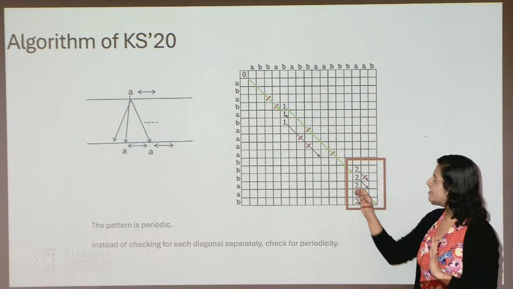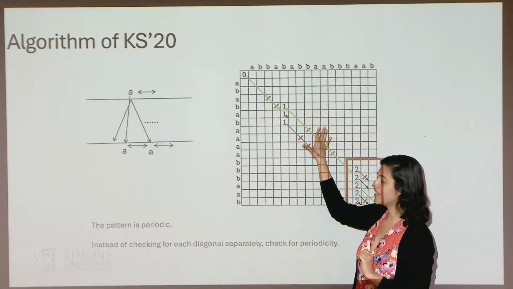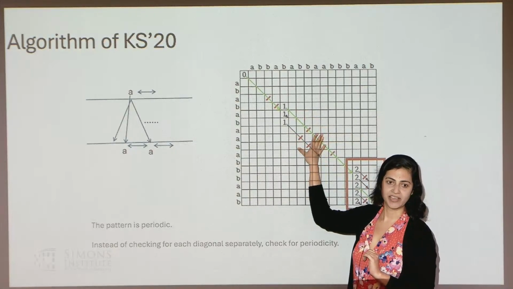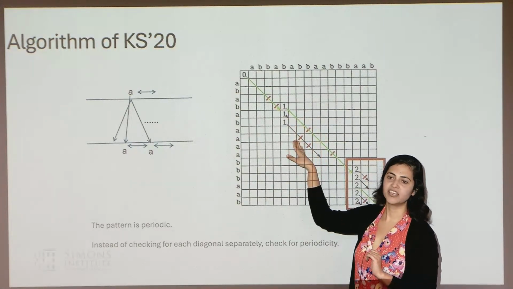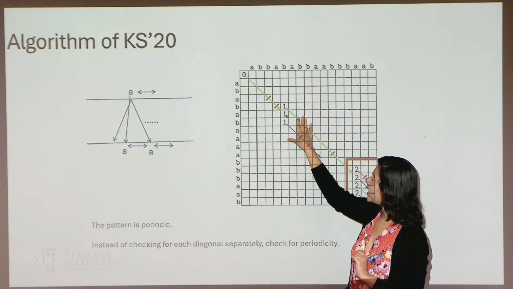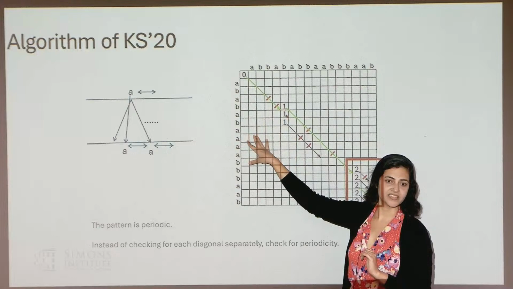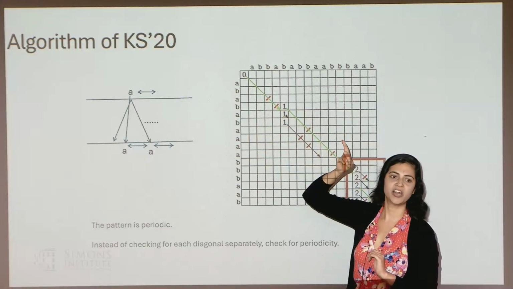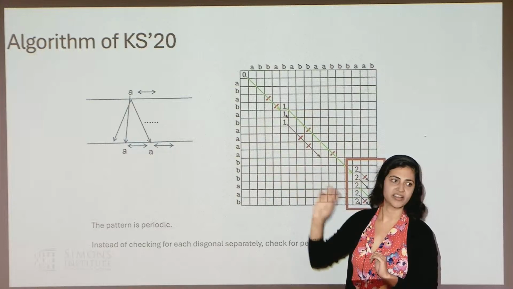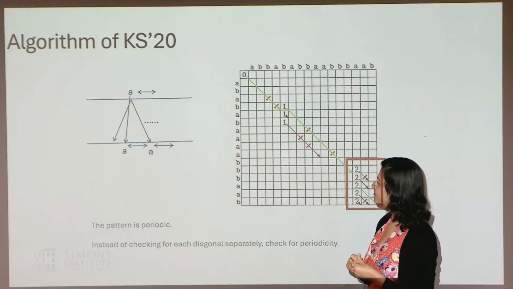So multiple good diagonals can only happen when the string is periodic. So instead of checking each diagonal, we can check whether the strings are periodic or not. And when the periodicity breaks, it tells us that most of the diagonals are bad, there is only one diagonal, and I can just sample along that diagonal. So that's the main idea here.